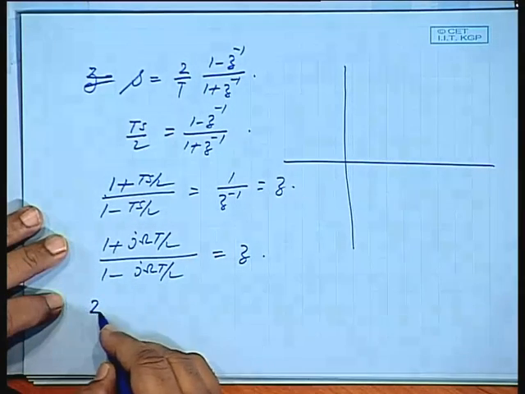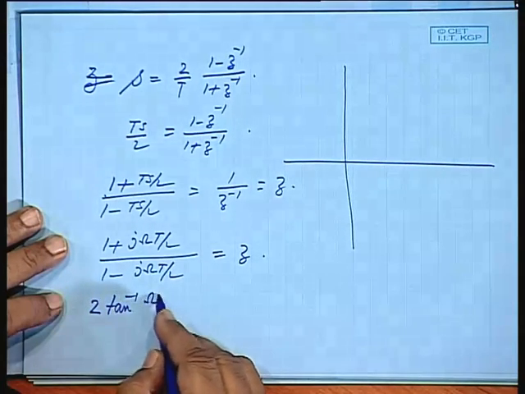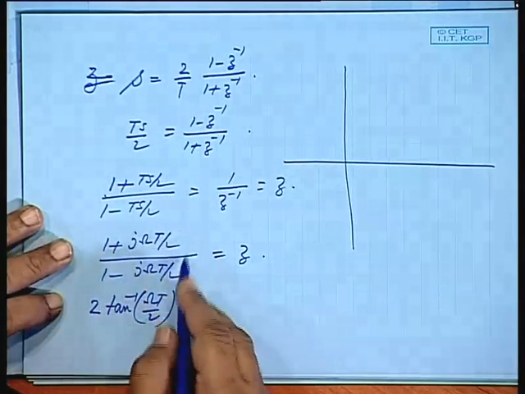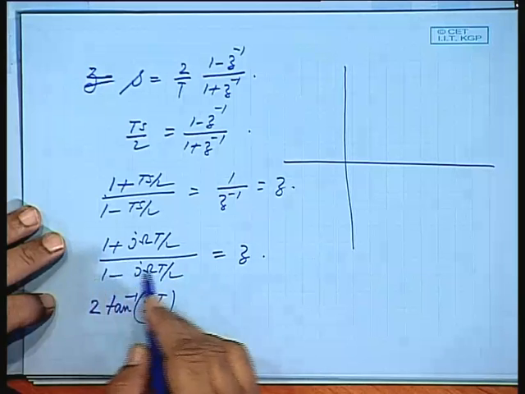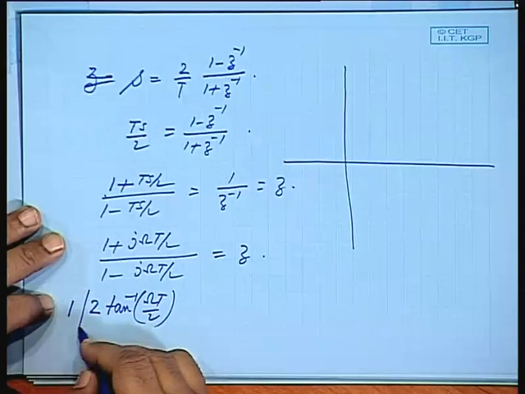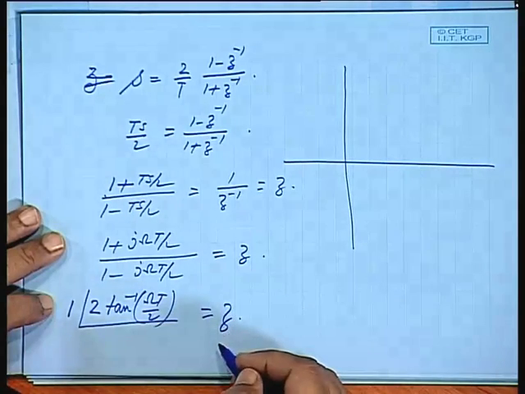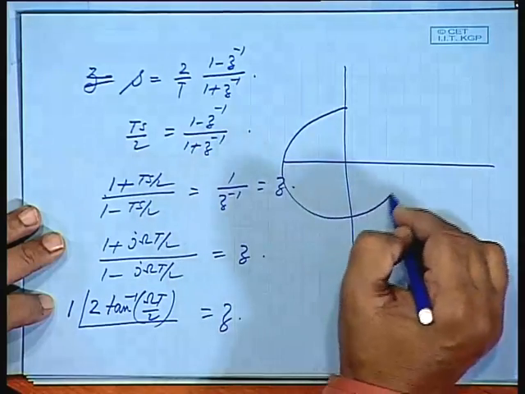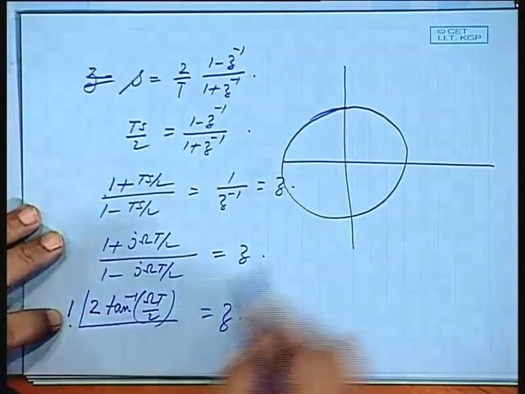So, it is twice tan inverse of omega T by 2, this is the angle, and the magnitude is always 1, since it is 1 plus j x over 1 minus j x. So, this is the value of z, which means it will again represent a unit circle. The magnitude is 1 and the angle is changing.